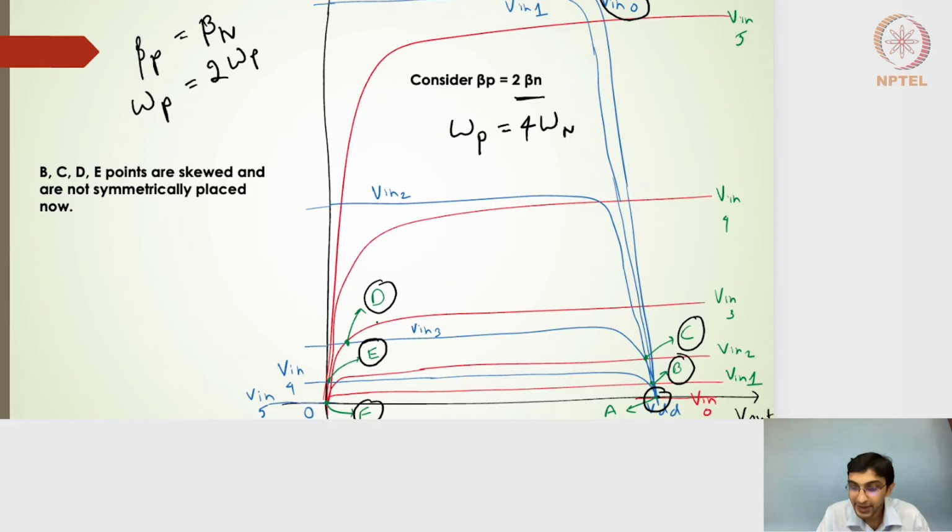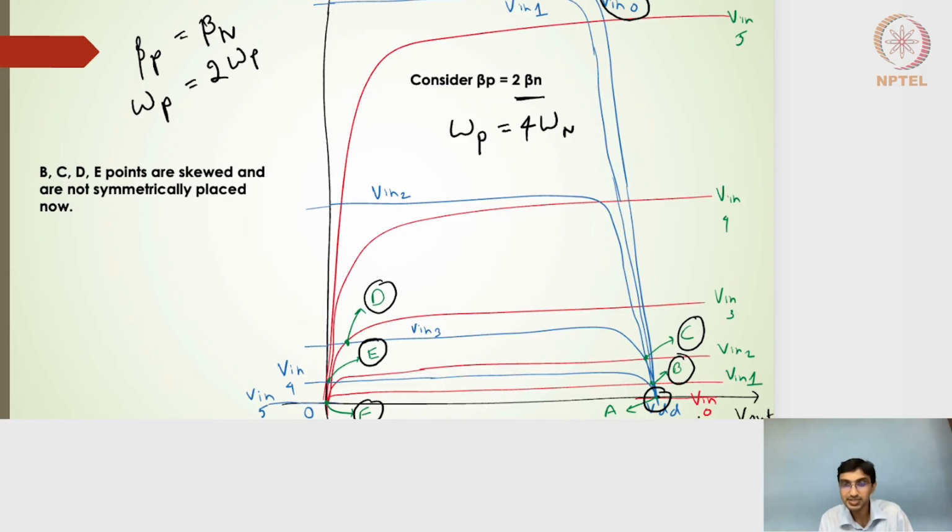Right, so for the betas to be higher, the D and E points are slightly higher. Not only higher, they are slightly away from the 0 volts than when it was in the unskewed inverter. All right, and C and B points, in this particular case, when the beta PMOS is twice that of the beta NMOS, are now much closer to the 5 volts.